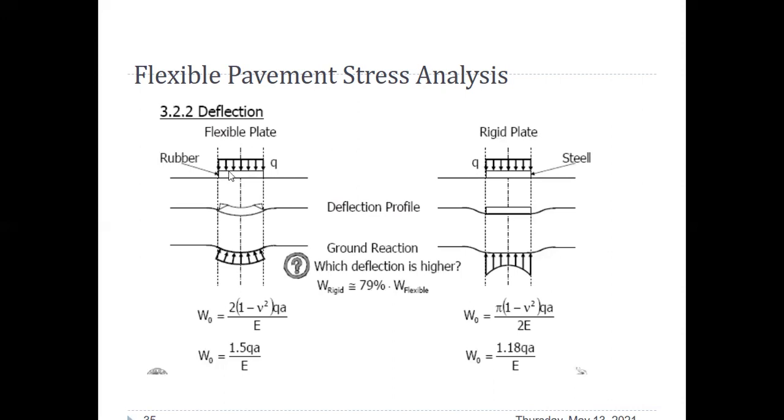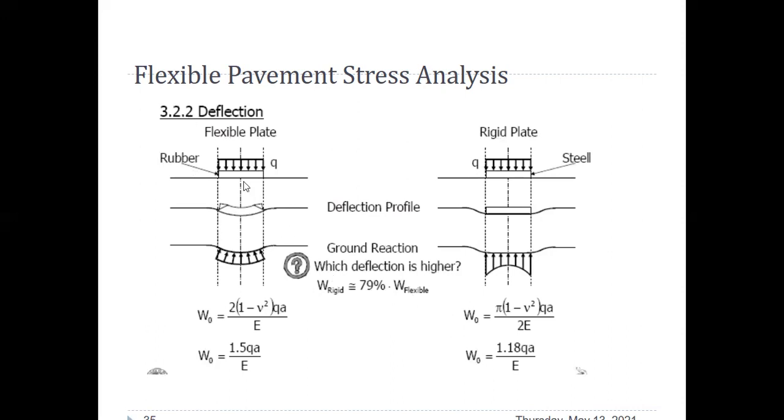So that is if the material is different, the response will be different for rubber as compared to steel. What I am saying here doesn't apply to a steel tire.